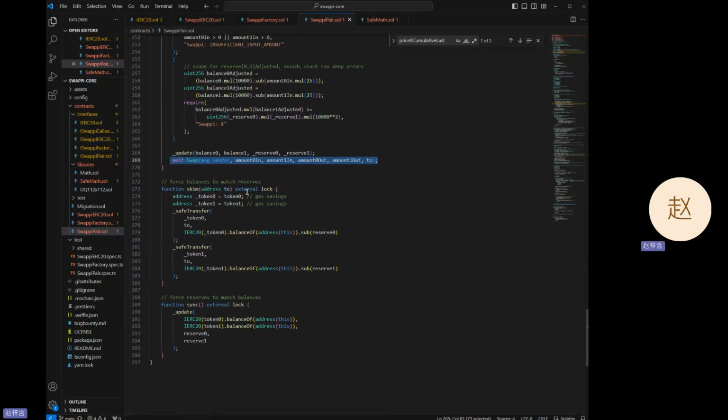Then there are two public functions as well. First is skim. Skim forces the balance to match the reserves.